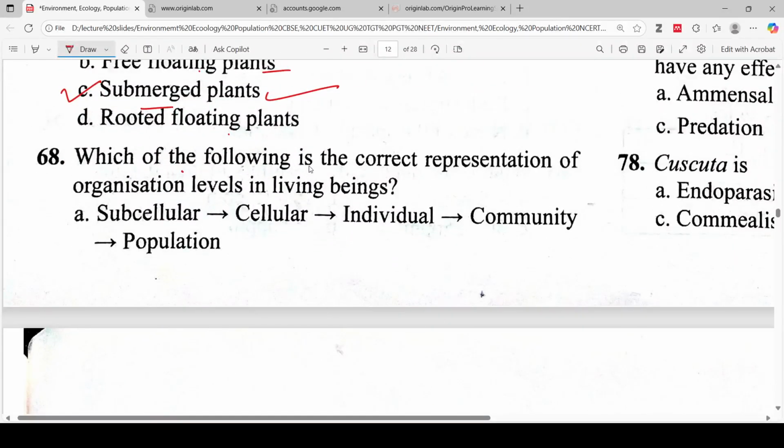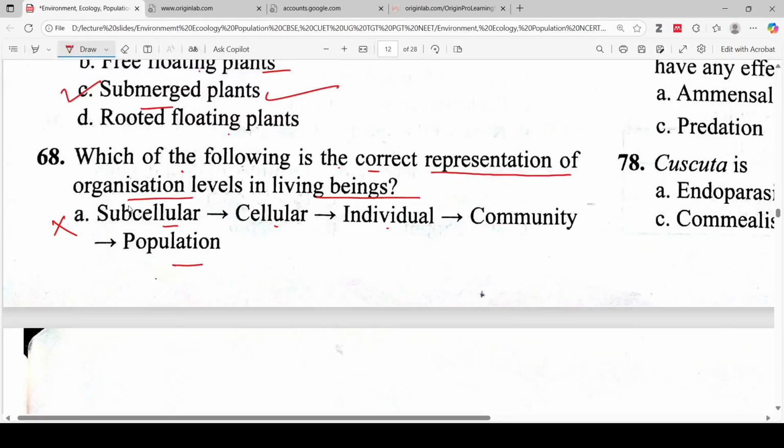Next question. Which of the following is the correct representation of organization levels in living beings? Option A: subcellular, cellular, individual, community, population. This option is not correct.